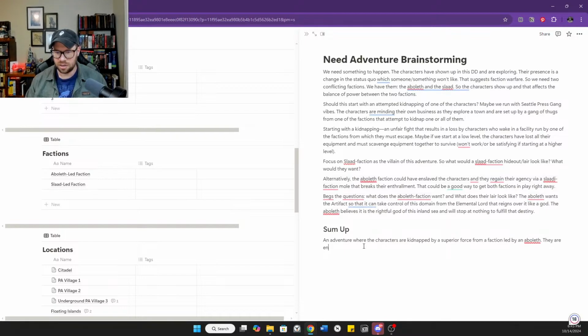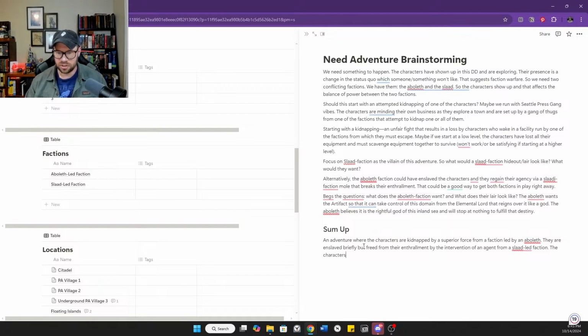They are enslaved briefly, but freed from their enthrallment by the intervention of an agent from a Slaad-led faction.